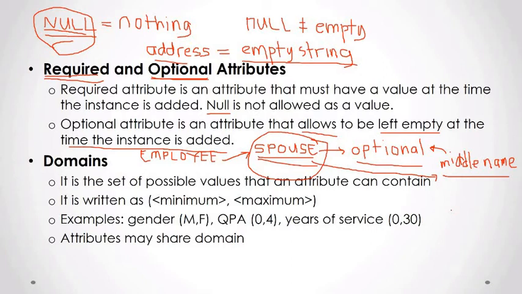If that person has no middle name, then it should be blank, because if you add something else, then that's not the name of that person anymore. So that's why it's not always that a person has a middle name, and it's an example of an optional attribute.